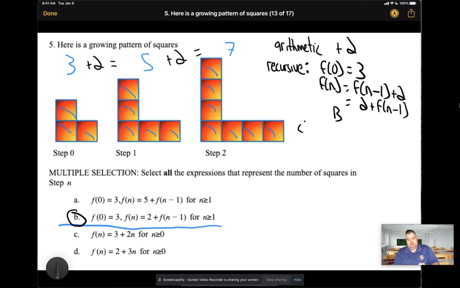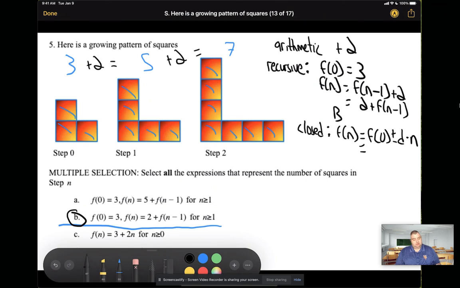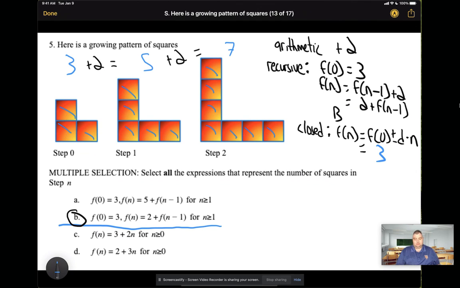Now let's go ahead and write the closed. So our formula for the closed form of an arithmetic sequence is going to be f of n equals f of 0 plus or minus d times n. So if I plug into the appropriate spots, my f of 0, my starting term, is going to be 3.